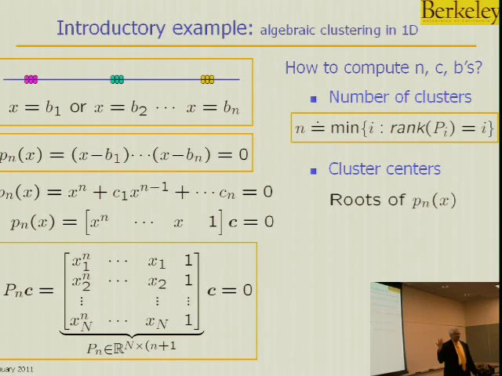How does MATLAB compute the roots of a polynomial? An easy way is to take a matrix of superdiagonal ones and zeros everywhere else and put the coefficients of the characteristic polynomial in the last row. And then just take the eigenvalues of that matrix. The eigenvalues of that matrix are the roots.